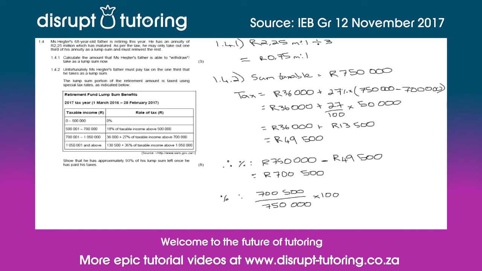We put this in your calculator, and you get that this equals 93.4%, which is approximately, if we round down, 93%. The question is to show that it is approximately 93%, and that's what we have done over here. So that's the final answer.